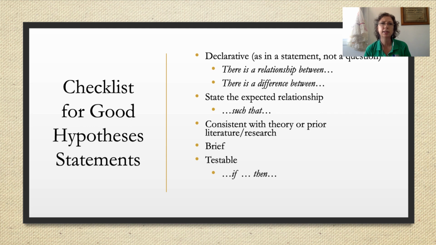And the hypothesis statements have to be brief and testable. It's really good to use the if-then statement when you're trying to say if a group had the training, then they would have higher scores. Using this guidance, you should be able to create an alternative hypothesis to help answer a research question.